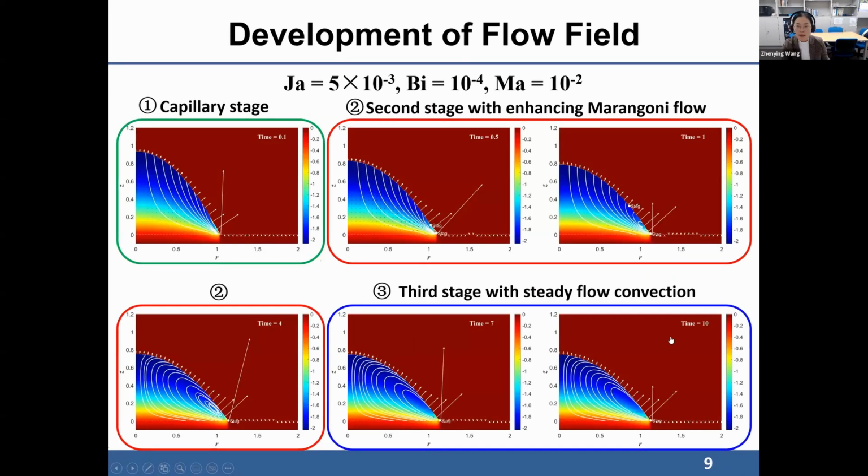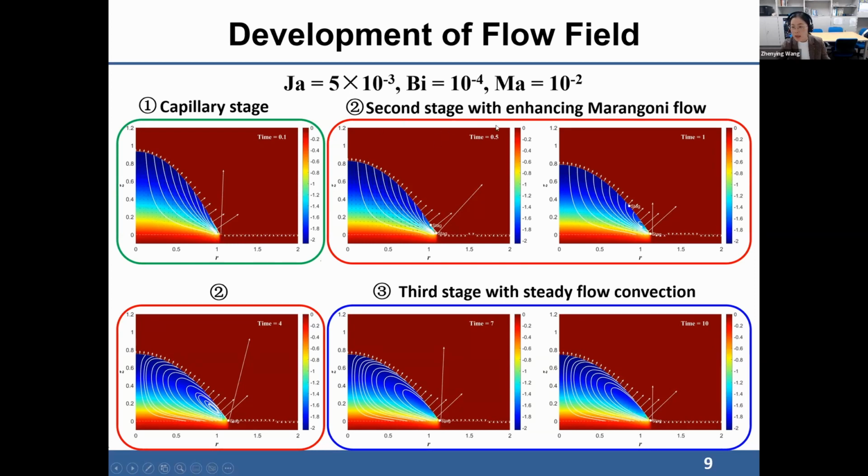This is the decomposition of the different stages when a droplet evaporates. First is the capillary stage, when a droplet initially gets in contact with the substrate, which is dominated by the outward capillary flow.